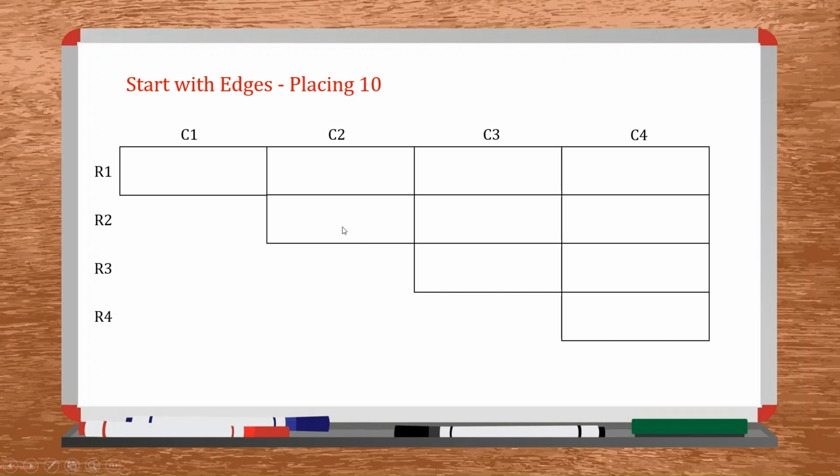If I place it here, then there is no number greater than 10 which I can place here, because column-wise we are going from greatest to smallest in descending order. Therefore, I can only place 10 towards the edge, at the last row of R1 or the first slot of C4.